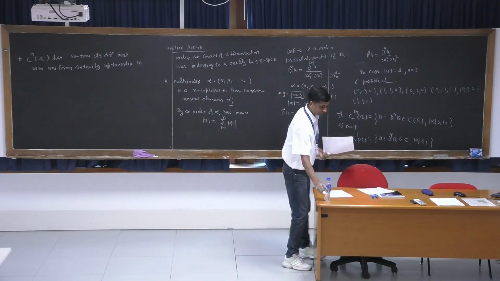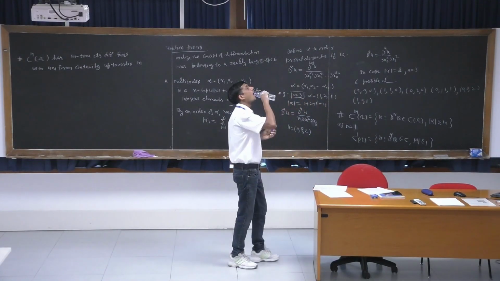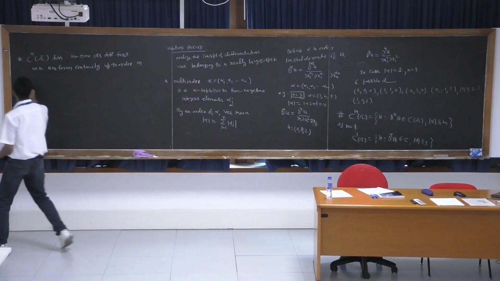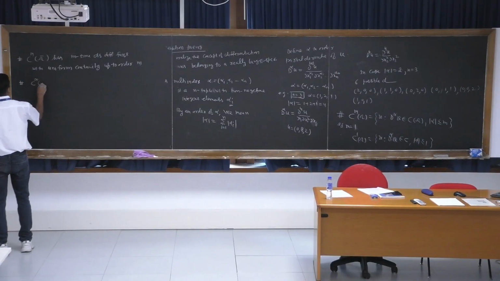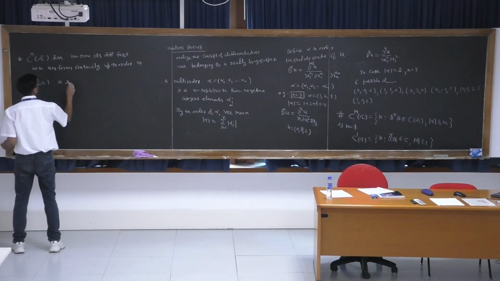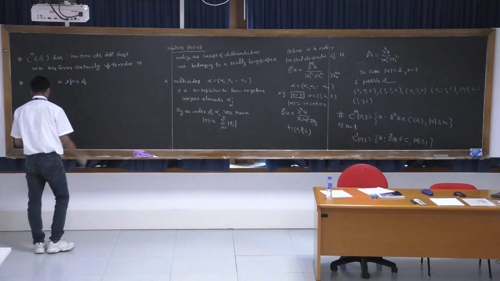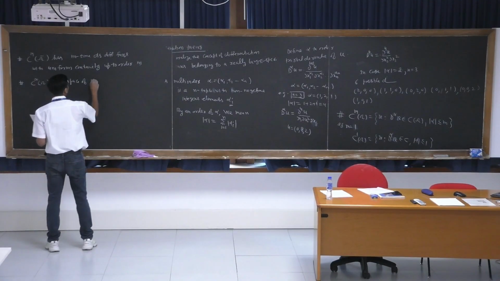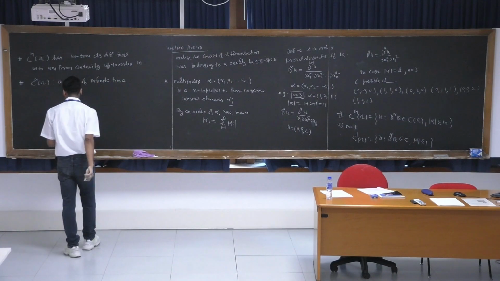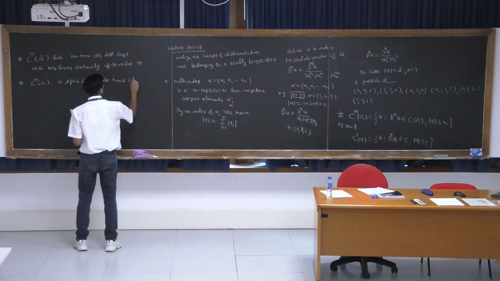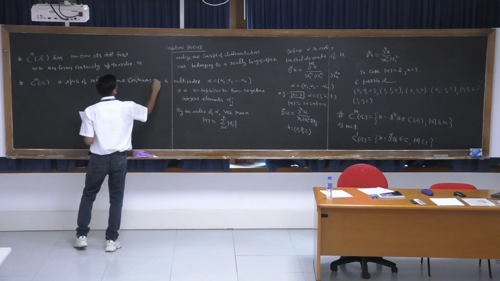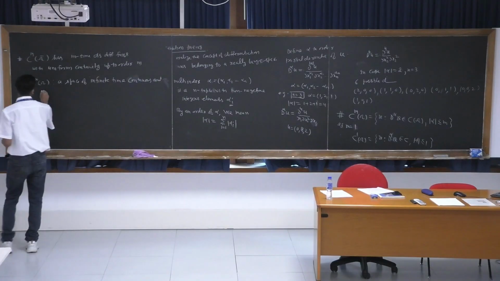So now there is also a space C infinity. C infinity means a space of infinitely many times continuous and differentiable functions.